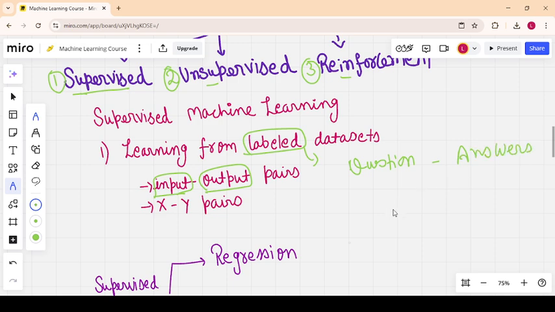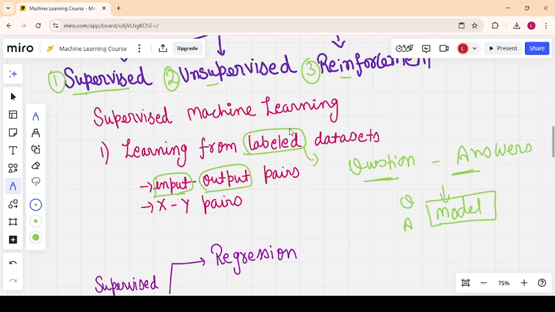Then in the exam, we get a question and try to answer it. We feed these pairs into the model, and the machine learning algorithm figures out the underlying pattern, recognizes it and learns it. After this, we use the model for our task.